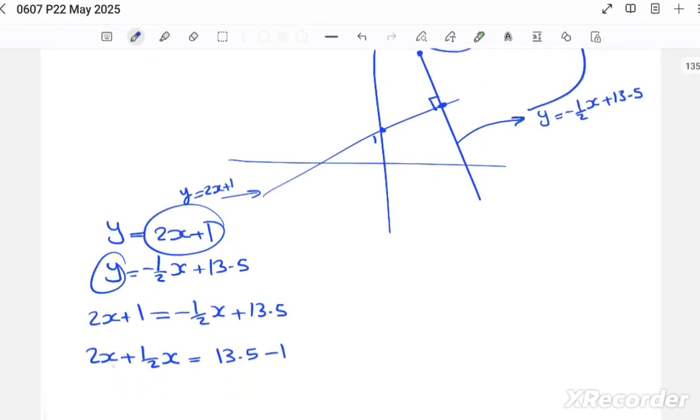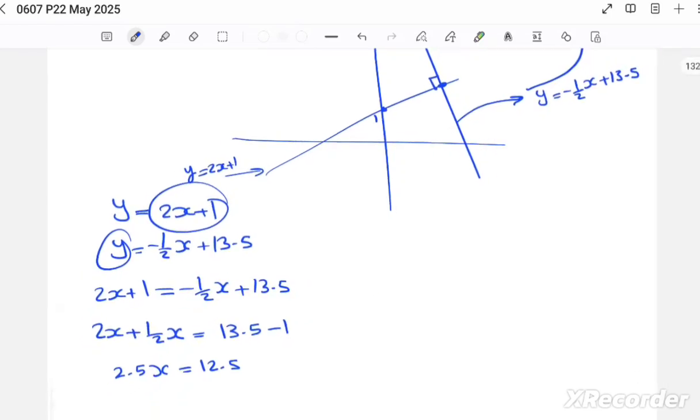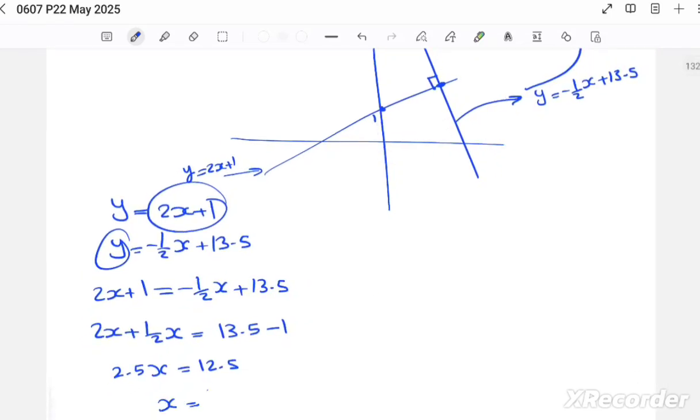So this is 2.5x equals 12.5. So x equals what? 12.5 divided by 2.5 on both sides. So the answer is 5. Okay, so now we know that x equals 5.